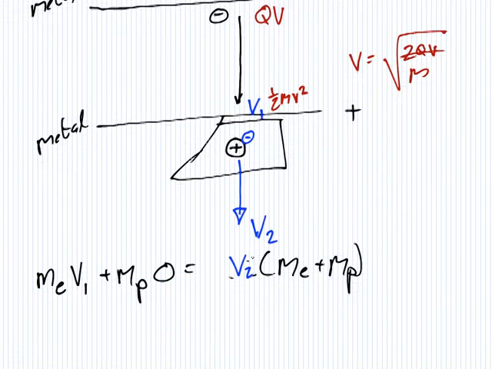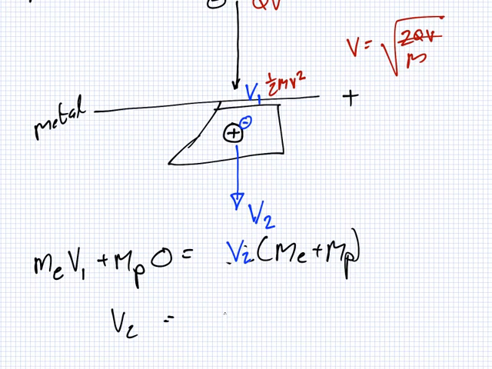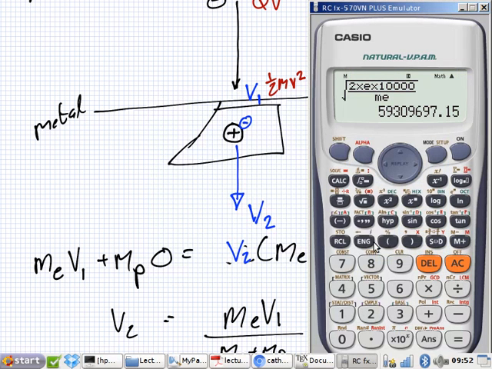So it means that V2 will be M_E V1 over M_E plus M_P. Okay, well that's actually okay because this is the V1. So I just need to multiply this by the constant.